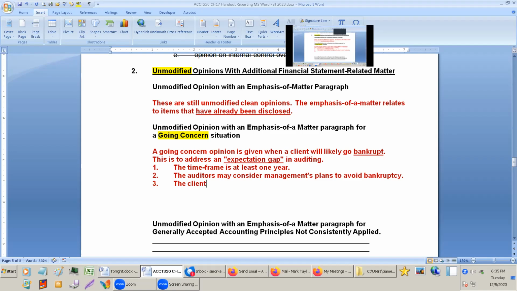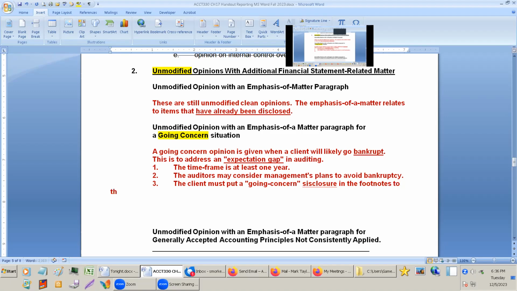The client must put a going concern... Okay, so the client must give... no, I'm making up New York.